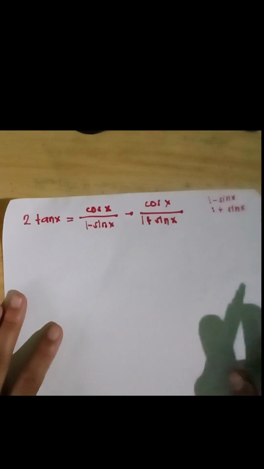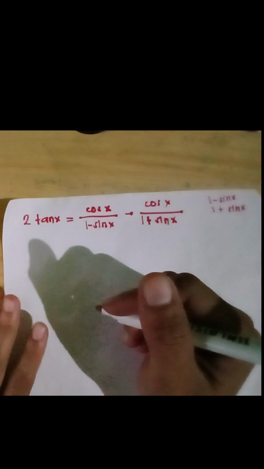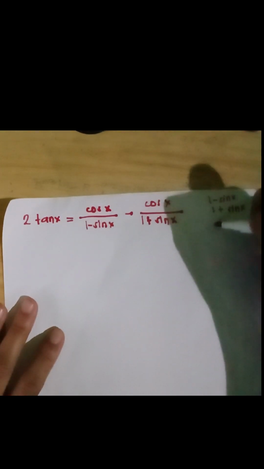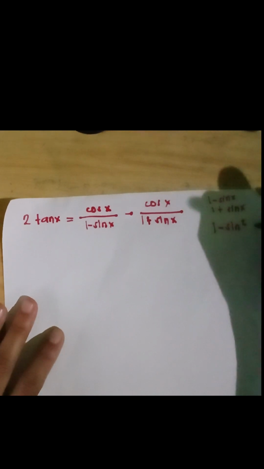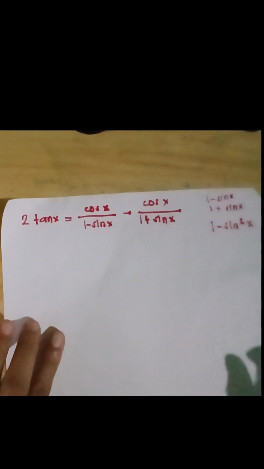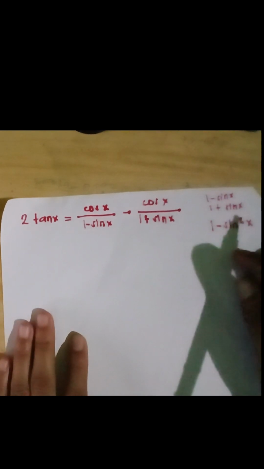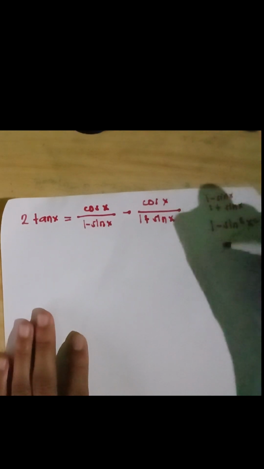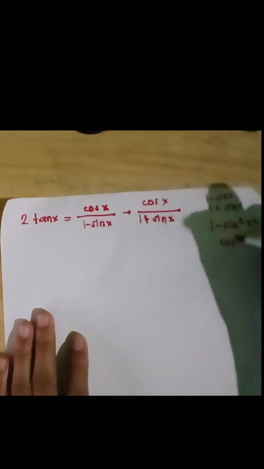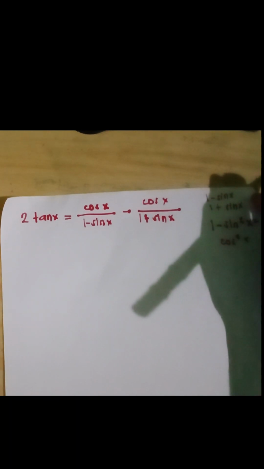These two together are going to be 1 minus sine squared x. And now let's also use the Pythagorean identity, which is 1 minus sine squared x equals cosine squared x. So the denominator is going to be cosine squared x.